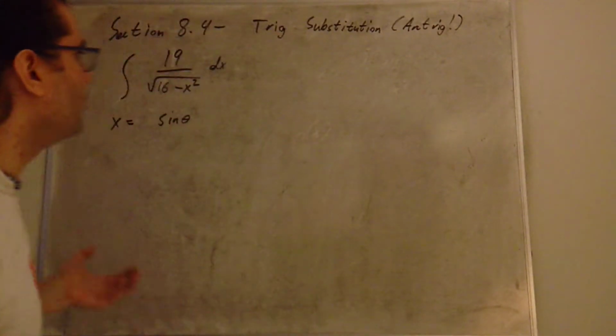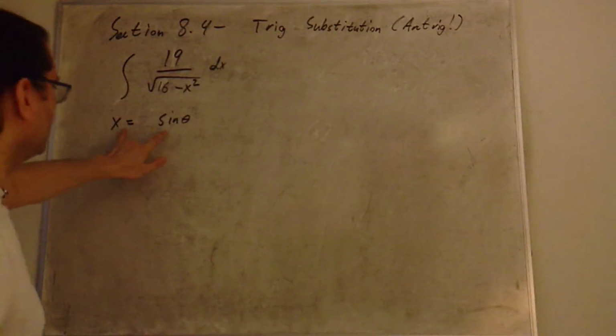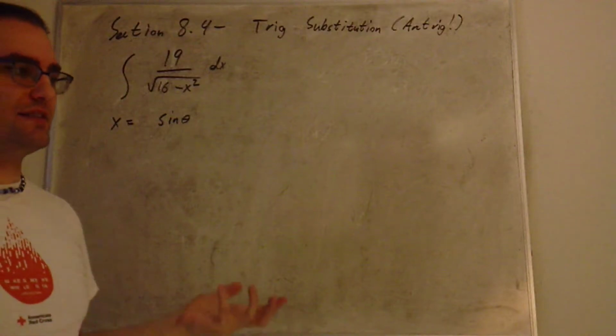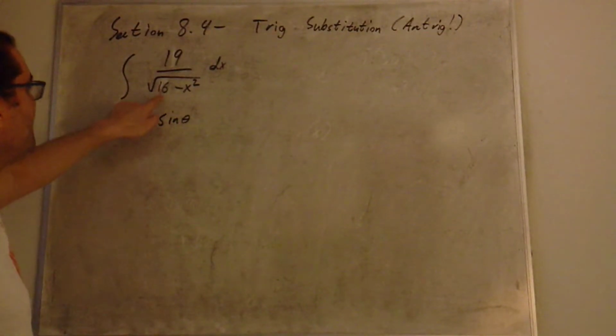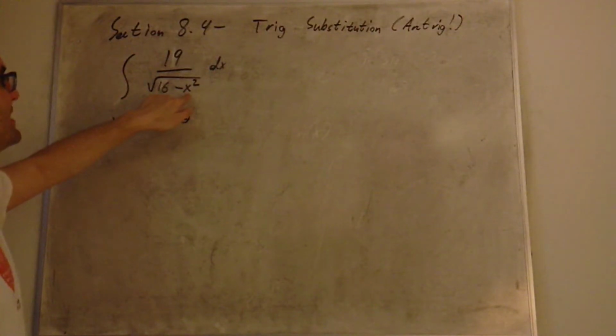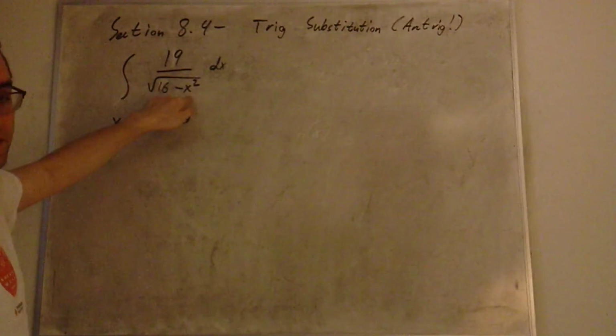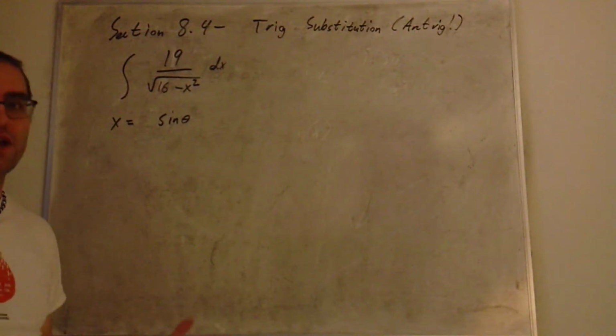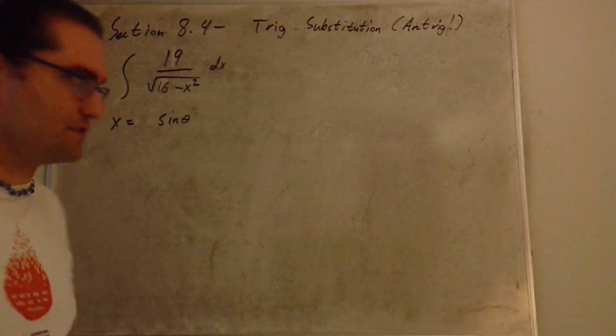So we need to make a different substitution so that we still end up with a 1 minus sine squared. If there's a 16 here, that means we need to get a 16 in this piece so that we can factor the 16 out of both pieces and then be left with 1 minus the sine squared.